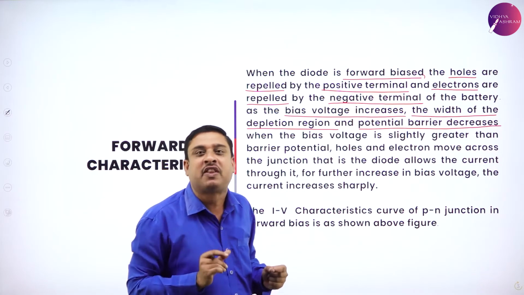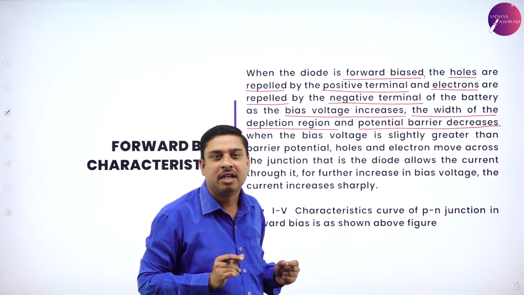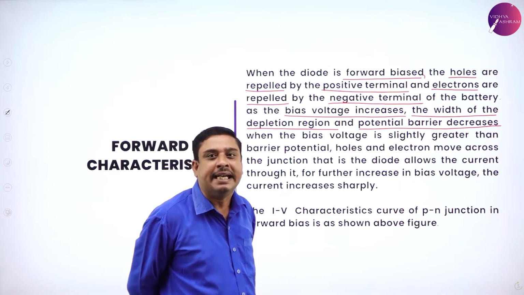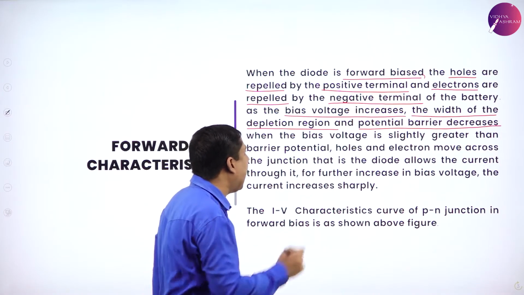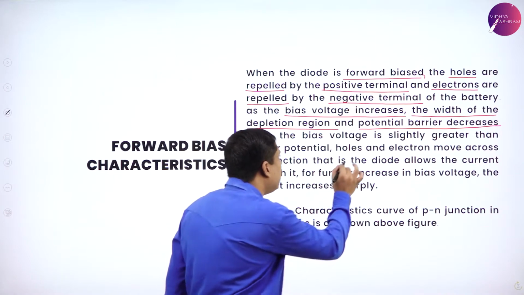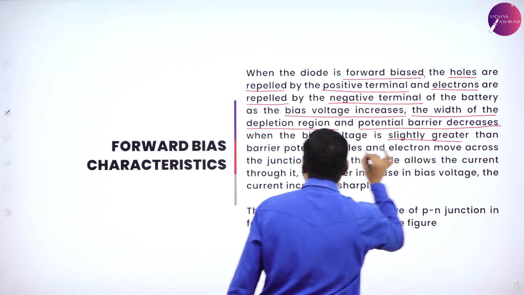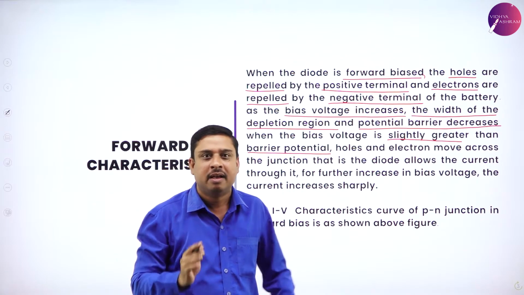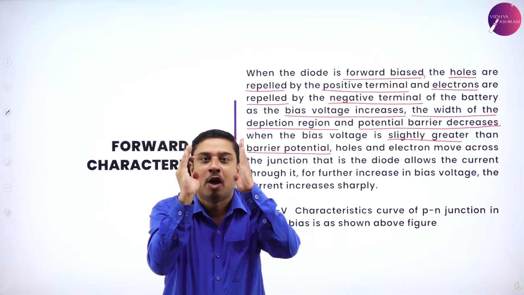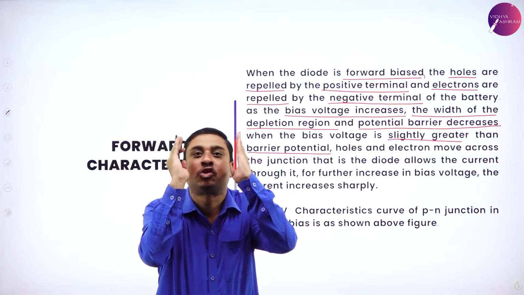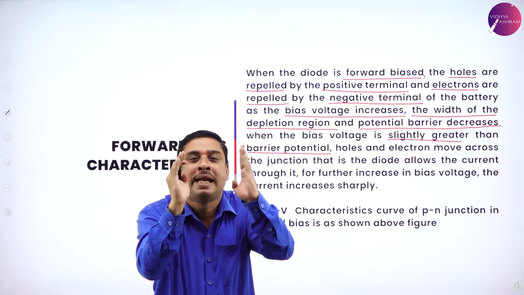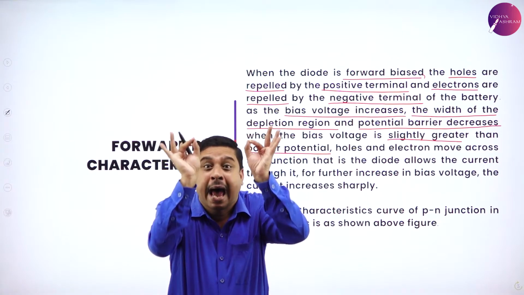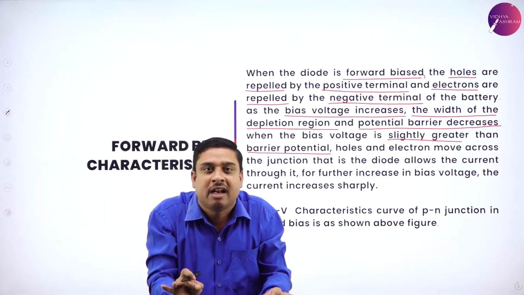The width of the depletion region, the so-called potential barrier, decreases, and hence for a voltage slightly greater than the barrier potential, which is stopping the combination of the charges.